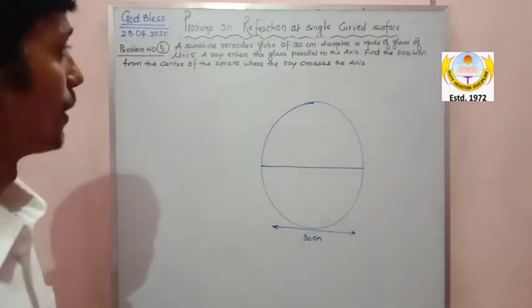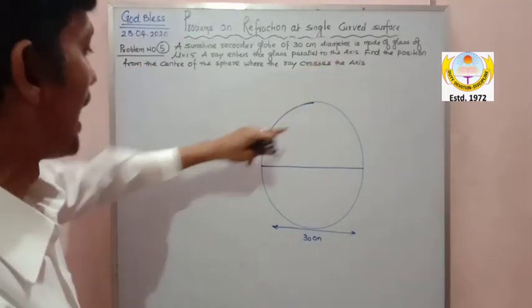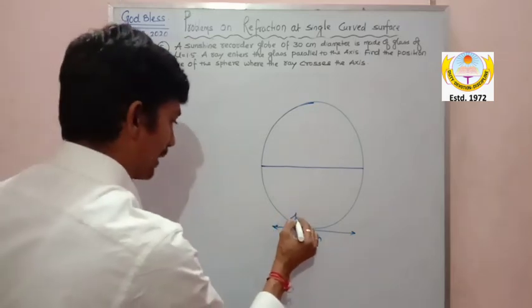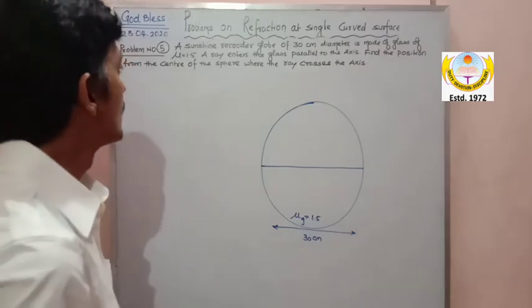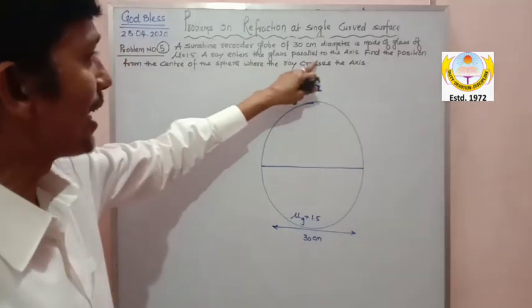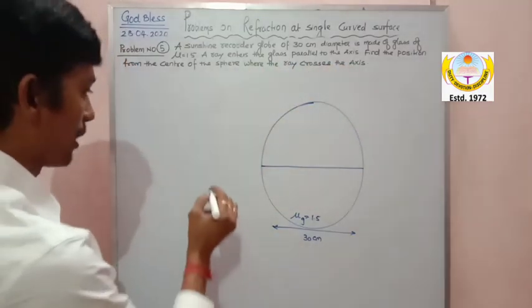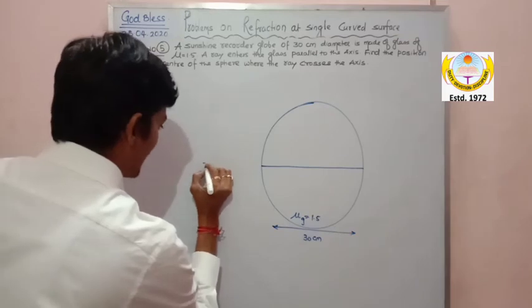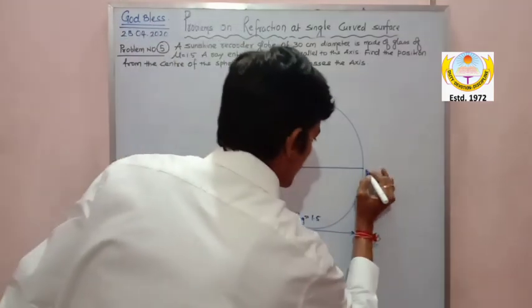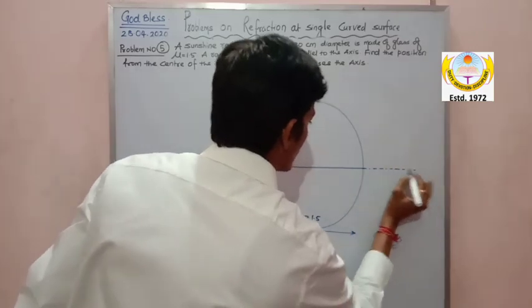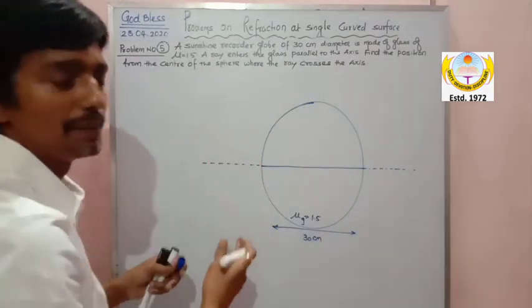Now it is given that it is made of glass of refractive index 1.5. So this is mu glass 1.5. A ray entered the glass parallel to the axis. Now my dear, if I assume this as the axis of the globe, this is the last sum but a little lengthy.